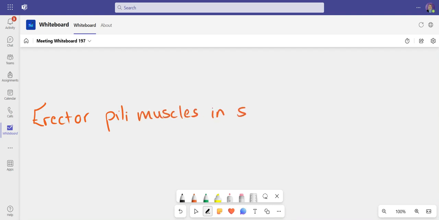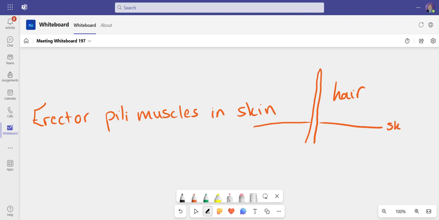in your skin. So basically, if you've got a hair, which we all have hairs coming out of our skin, there's our hair. Underneath your skin, if that's your skin, that hair is attached to a little muscle.